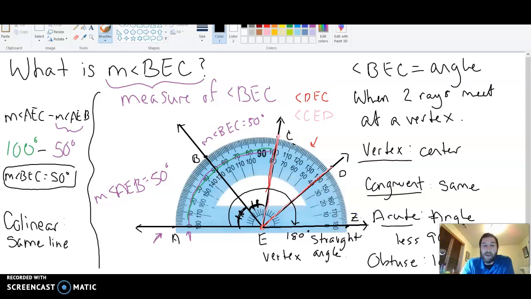So A, E, and Z are all collinear. And we really only talk about things that are collinear when there's 3 or more, because otherwise, it's just calling it the name of a line, and a line will always have 2 points on it to be able to name it by. And so collinear is 3 or more points that are on the same line.